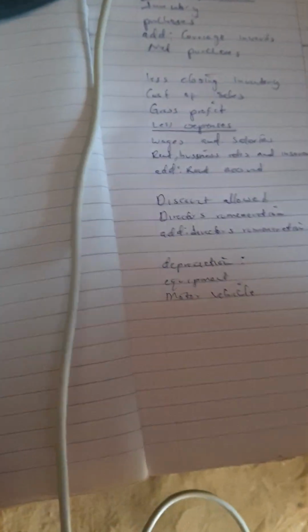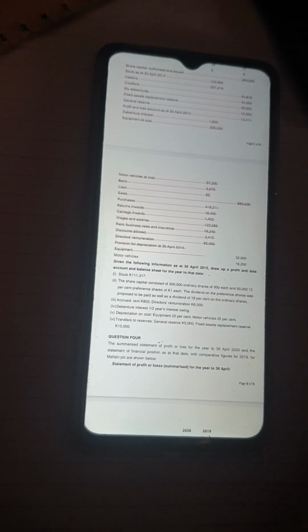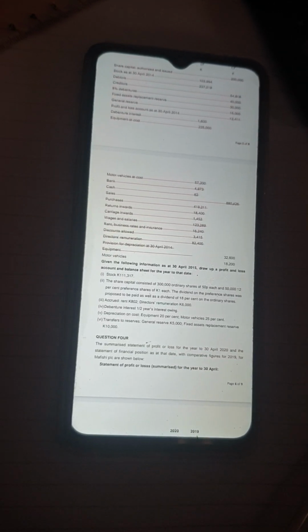So moving on to depreciation, we have that of equipment as well as motor vehicle. Moving down to the adjustment, they're saying depreciation is to be treated on cost. Equipment should be 20% on cost, motor vehicle 25% on cost.